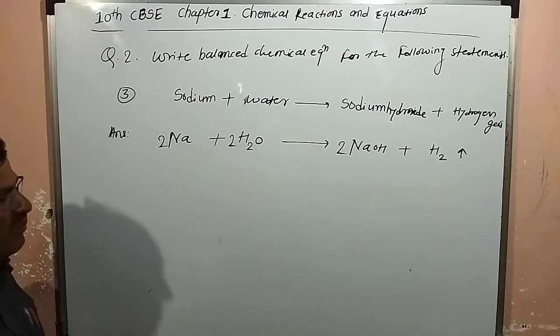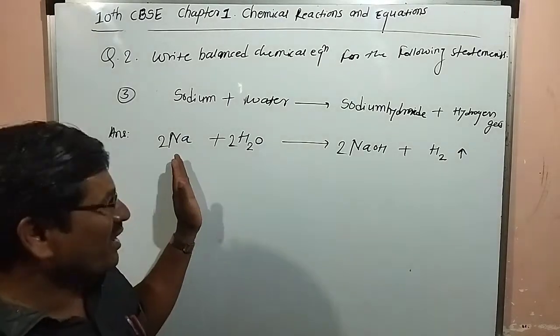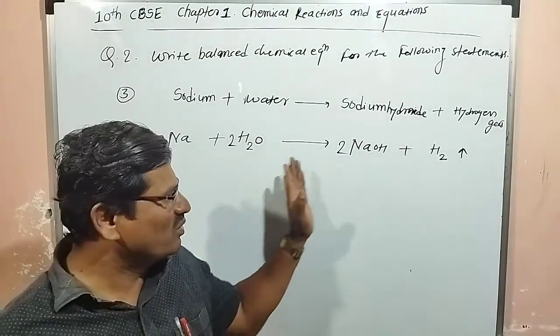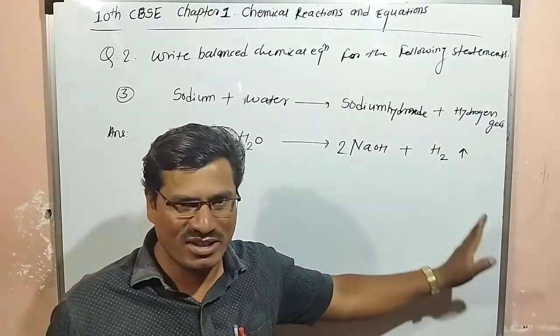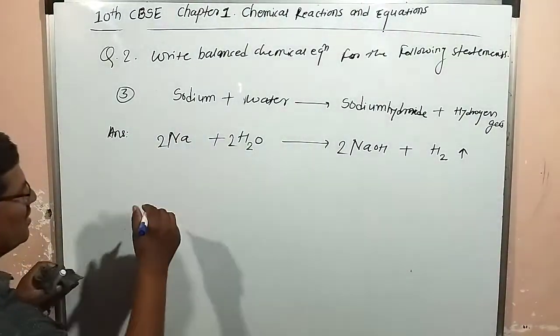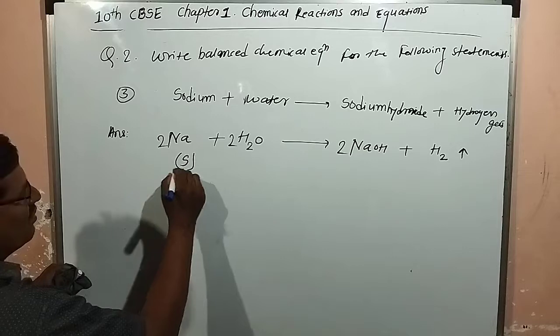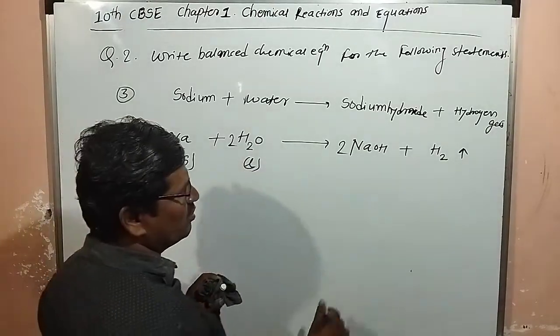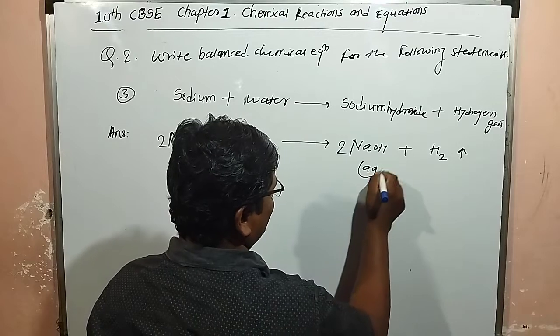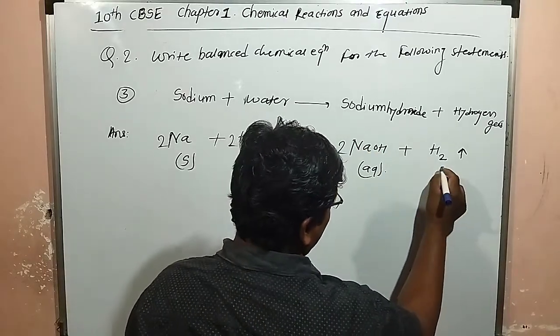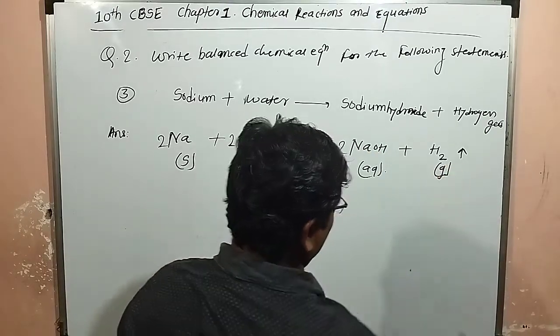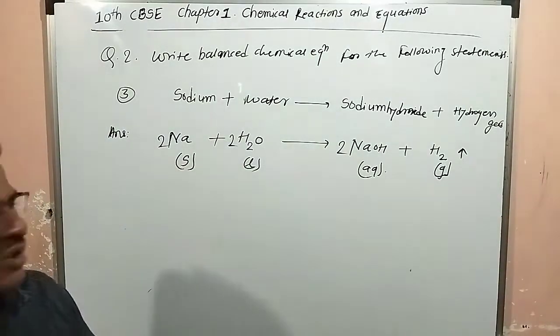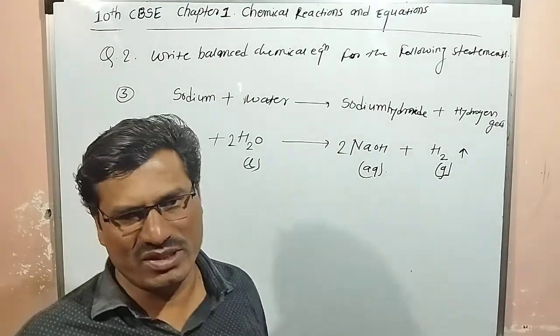Then it gives 2Na plus 2H2O, giving 2NaOH plus H2 gas. So we'll write their states. Sodium is in the solid state, H2O in the liquid state, NaOH in the aqueous state, and this H2 in the gaseous state. So this is the balanced chemical equation.